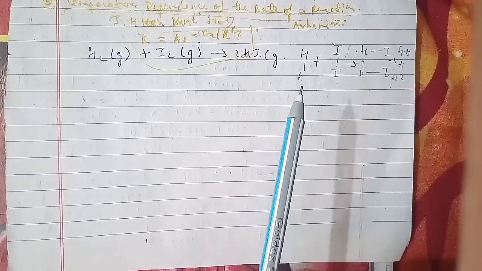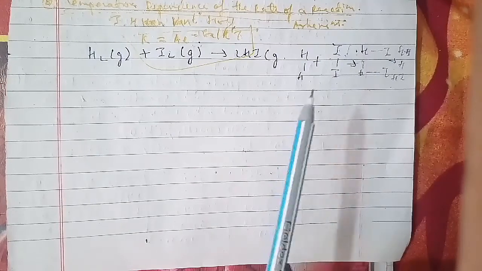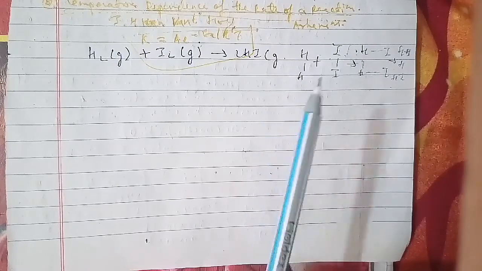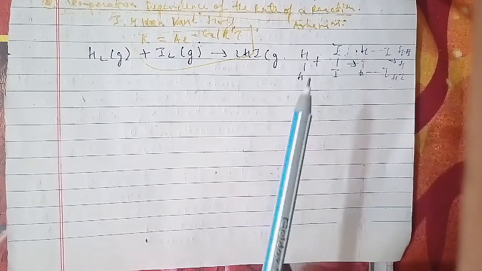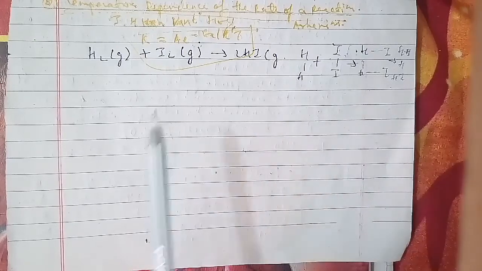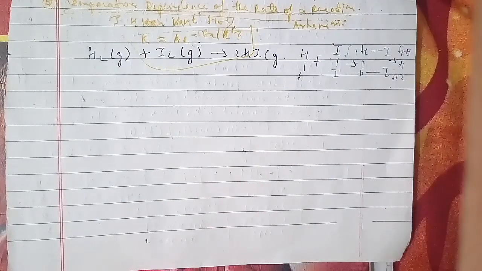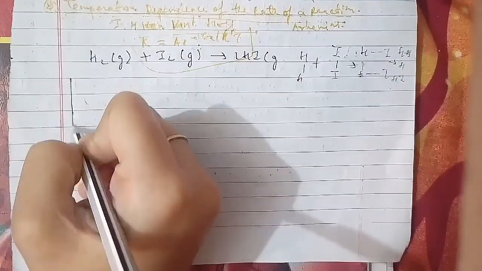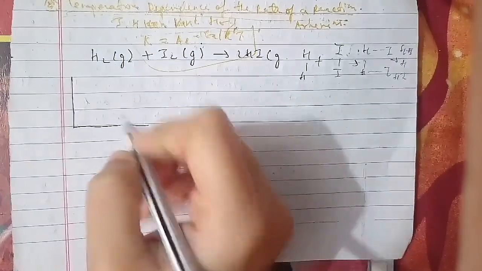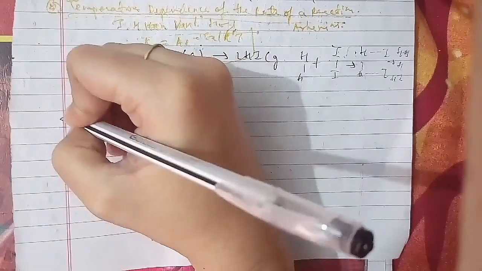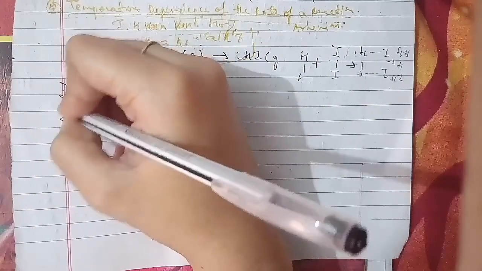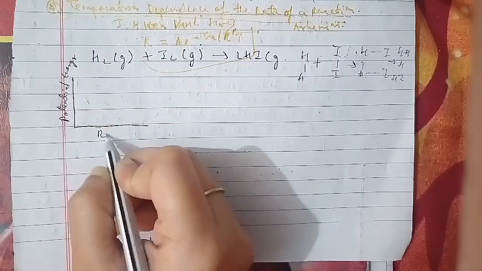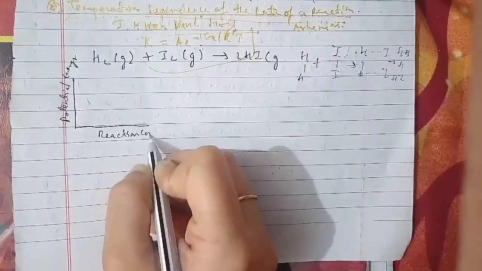This is potential energy. This is reaction coordinate. So here it is. This is a point where it is A. This is C. This is activation energy.